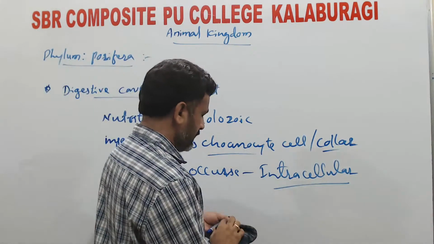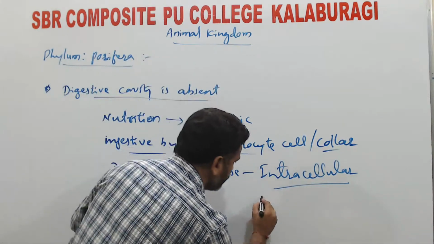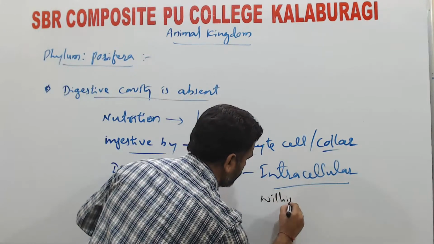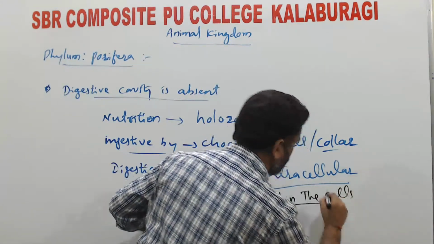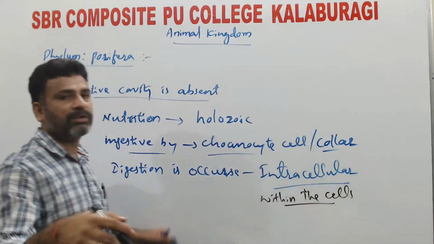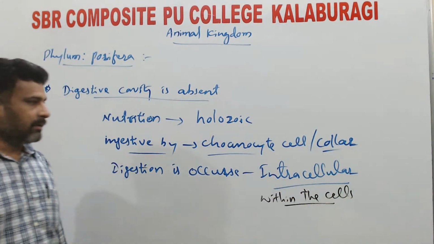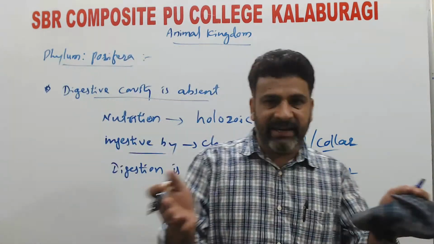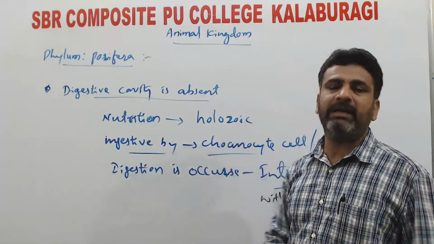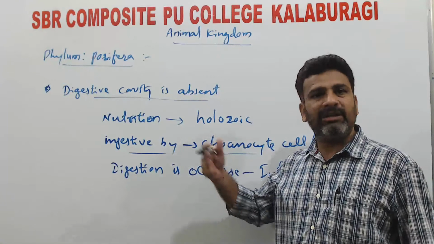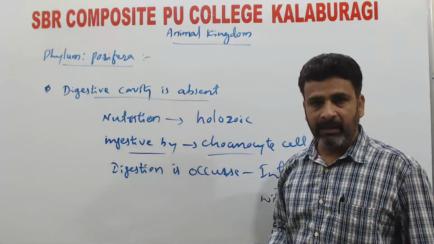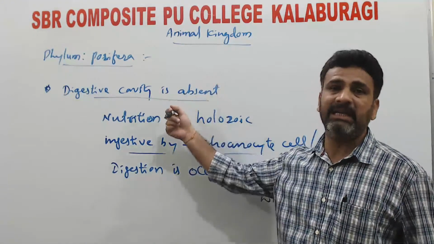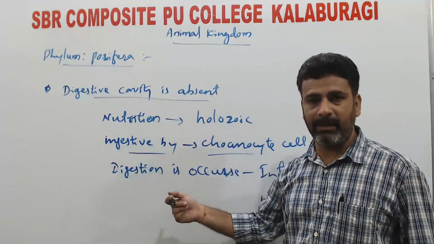Intracellular is nothing but within the cells. Within the cell, the digestion process occurs, not between the tissues, not between the cells, not in the lumen of a digestive system. The digestive system is absent here.